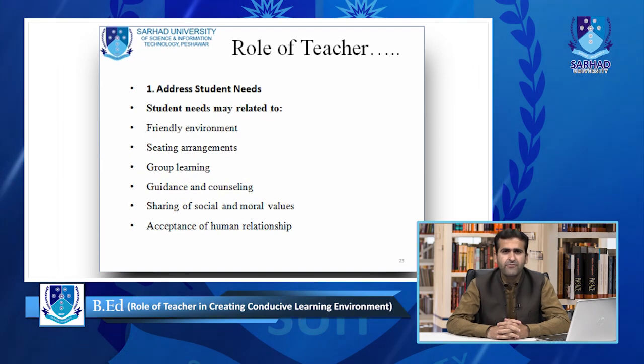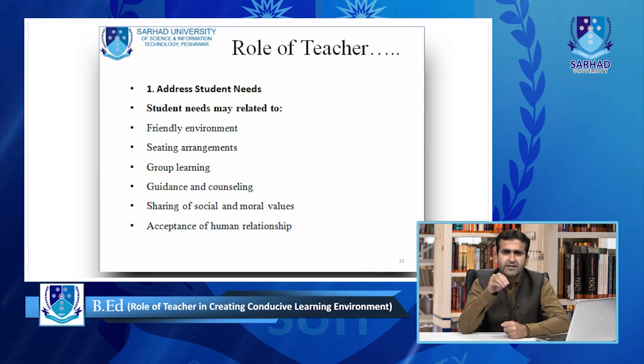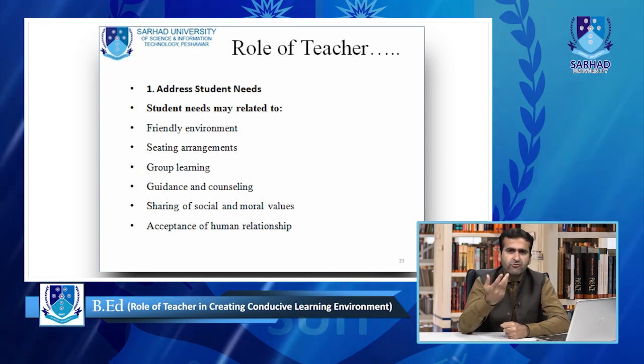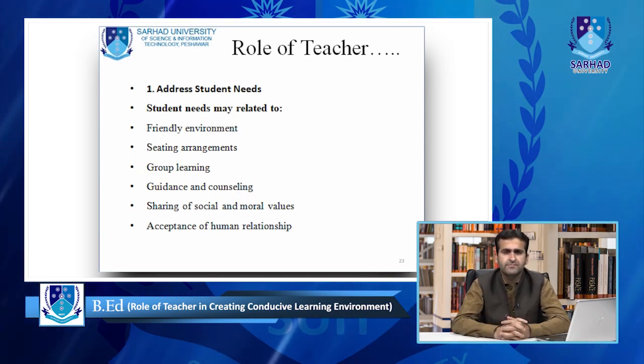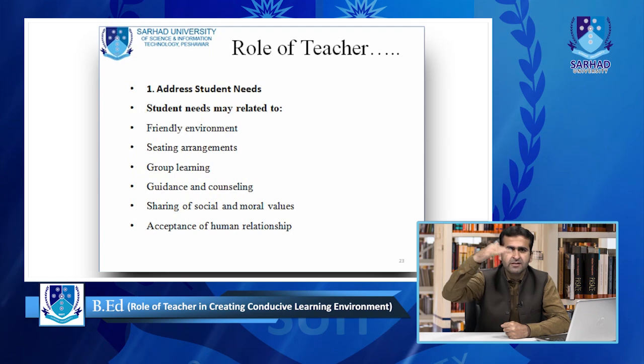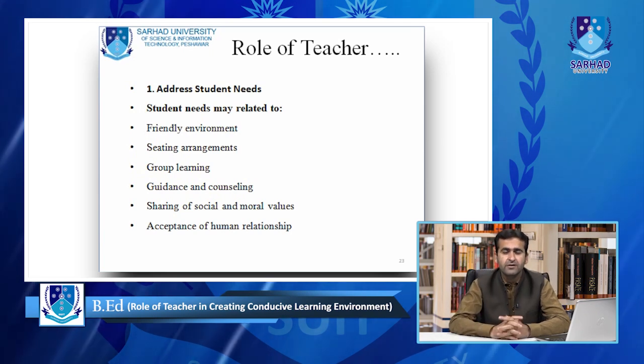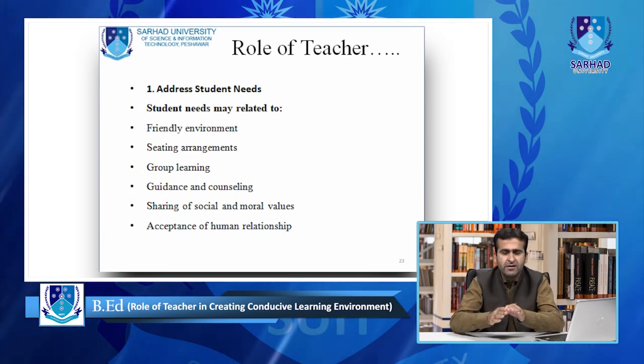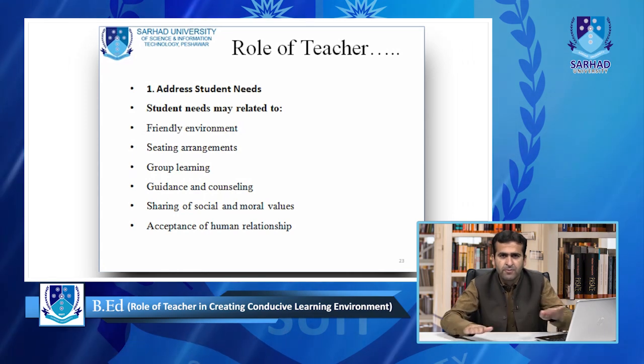That's why they need a friendly environment, because in a friendly environment the student can speak out whatever they have in their heart. In a friendly environment, the learning ability of the student increases with the passage of time. Why? Because the teachers are offering them an open platform.